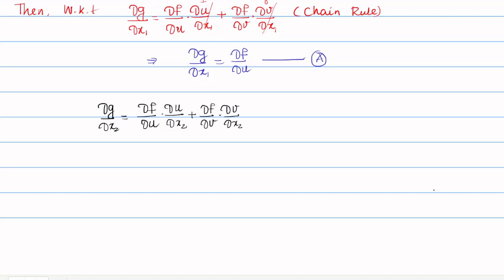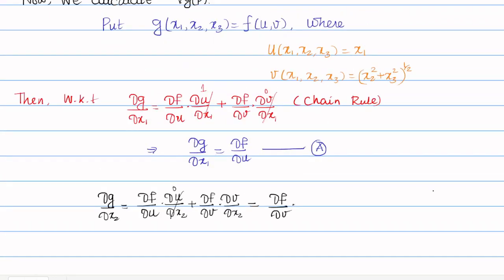Note that u is independent of x2, therefore this term will become 0. So which is equal to dou f by dou v into dou v by dou x2. v is this function, so differentiate this function with respect to x2. The derivative of root x is 1/2 root x, so 1 divided by 2 times root of x2 square plus x3 square into the derivative of the inside, with respect to x2, which is 2 times x2.